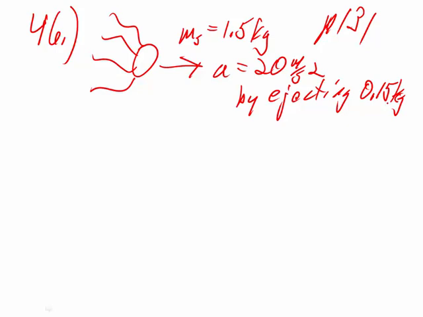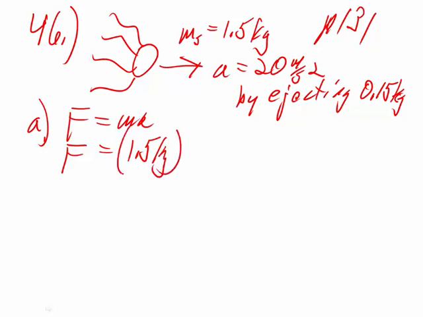What is the magnitude of the thrust force on the squid? Okay, so what is the magnitude of the thrust force on the squid? All right, so we know Newton's second law, F is equal to ma, okay? So let's plug everything in. The mass of the squid is 1.5 kilograms, and its acceleration is 20 meters per second squared, right? Because what does it ask?